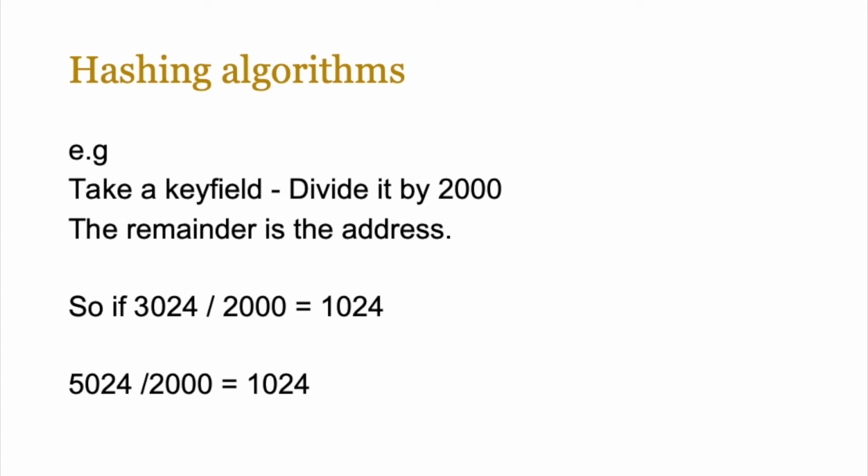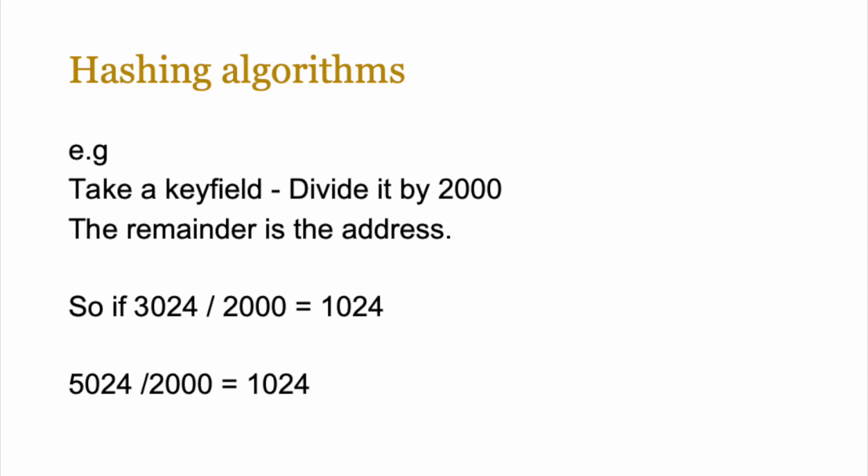You could also have 5024 as an ID number, and you divide that by 2000, and that also ends up giving you 1024 as the remainder. So now you've got two separate records or IDs which give you the same address, and that's what we meant by collision.